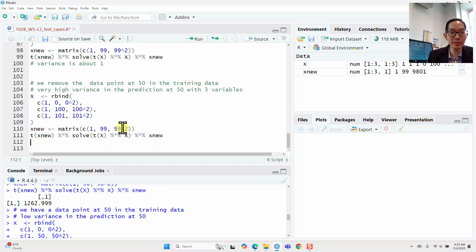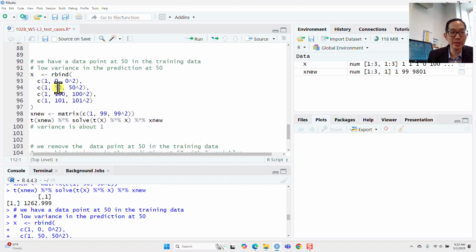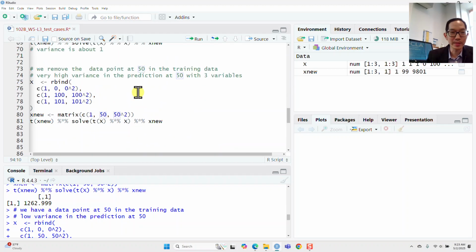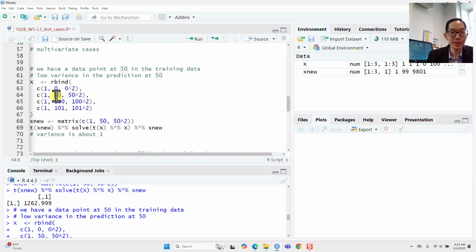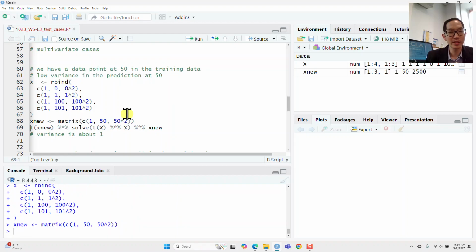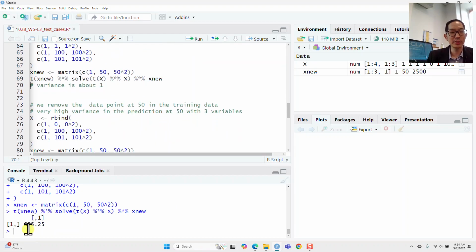Yeah, putting an observation in between, like, if I don't put the observation at 50 over here and I put it at like 1, okay? Now we have a lot of variance.